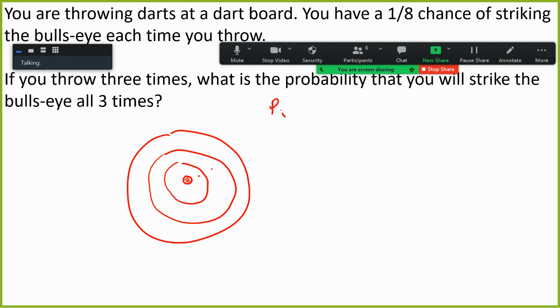So we're looking for a probability of 3 times in a row, bullseye and bullseye and bullseye, getting it right in the middle each time. And notice that this is not just 2 things happening. Technically, this is 3 events. Event A, B, and C. And it's saying, I want to throw my dart and hit it right in the middle in the bullseye 3 times in a row.